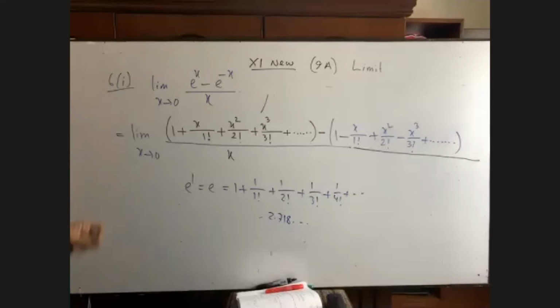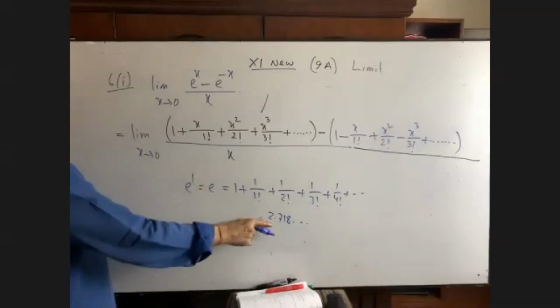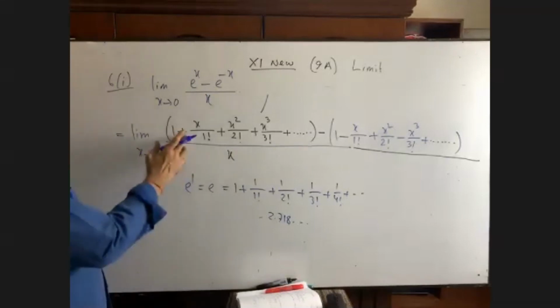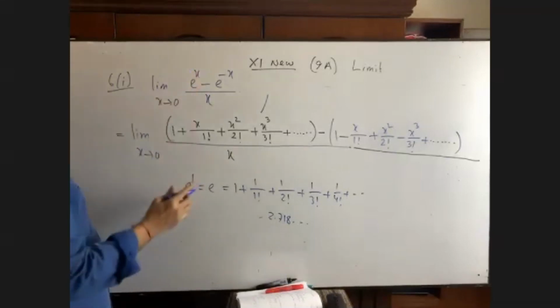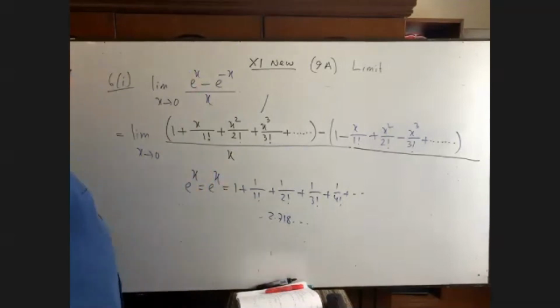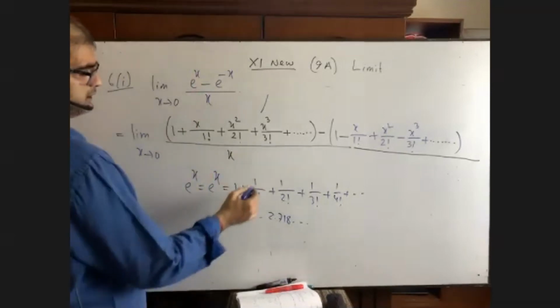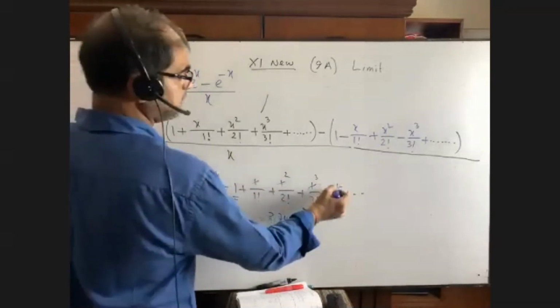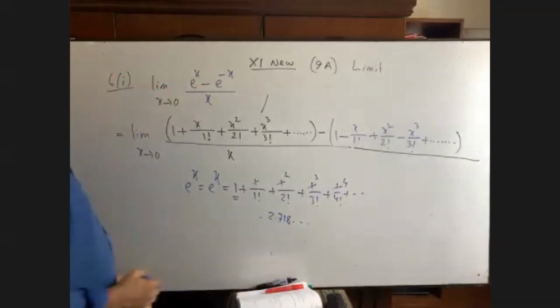Or you can use the calculator. E to the power 1 equals this. Now you just similarize this. It is now e to the power x. For 1, if it is x, it will be x square, x cube, x to the power 4. Okay. Have you got it?